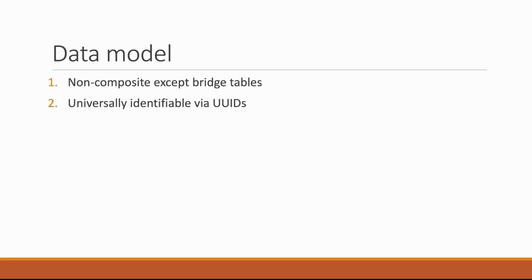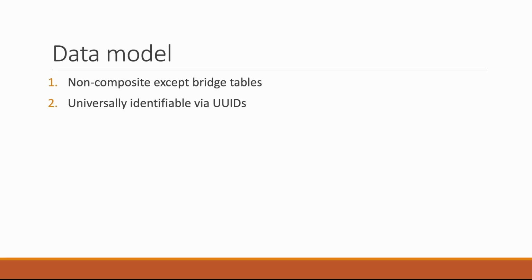But a UUID will never be repeated throughout the database. That's one of the unique traits of UUIDs. So every entity has a UUID, which means if you do not even know the table name, you can pick a UUID, scan the entire database for it, and you will get the entity and its table. That's the second property of OpenMRS's data model.